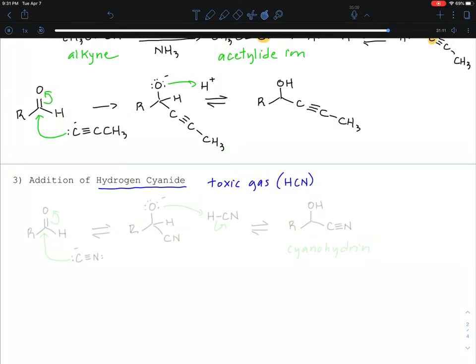So let's just draw our aldehyde. Generic aldehyde here. And what you're going to do is you're going to first react this with the cyanide. So say sodium cyanide. And what does that look like? It looks like this. We'll just draw this out for you to see. The negative charge is on the carbon, right?